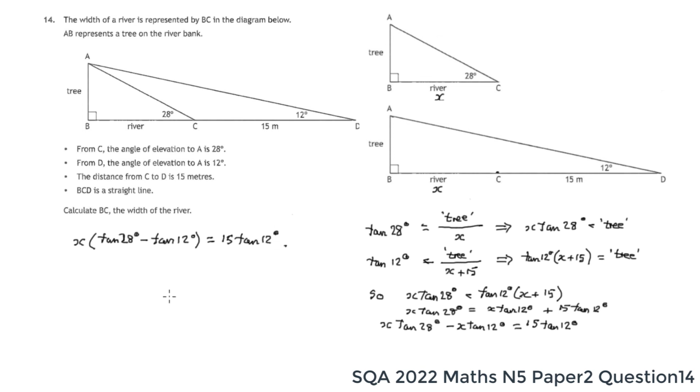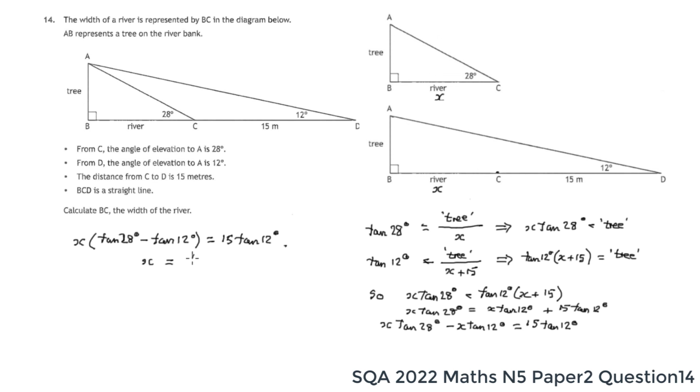Well, this is progress, because remember we're trying to get x on its own to find what x is. If with a calculator we know all these other numbers, we can do a big calculation. So one last step, then: we have to get rid of this tan 28 minus tan 12, and that's just a number. So we've got x times this number equals this other number, so we divide both sides by this number, tan 28 minus tan 12. If we divide the left hand side by this number, that'll disappear and we'll be left with x.